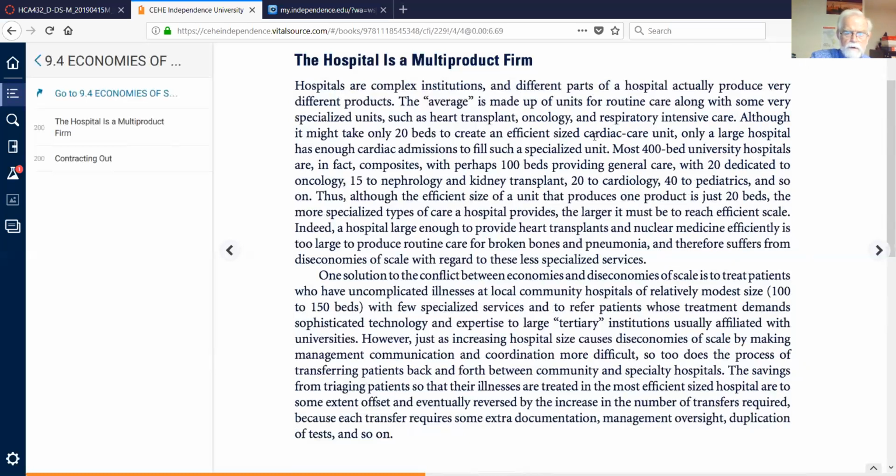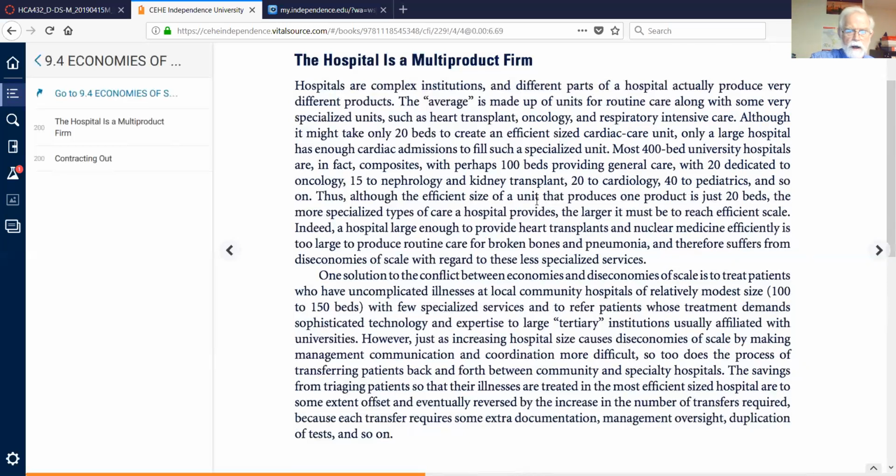Pediatrics then, and these university hospitals will also generally have the very expensive to operate things like NICUs and other specialized intensive care units to deal with.